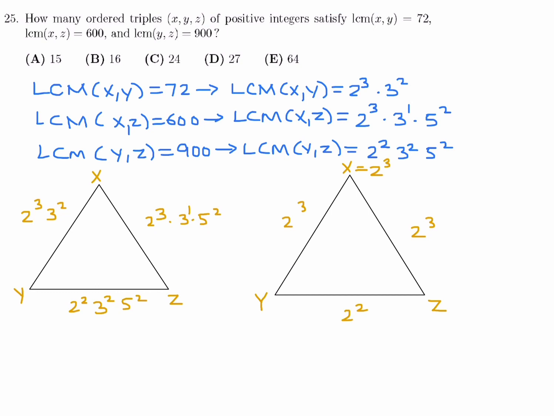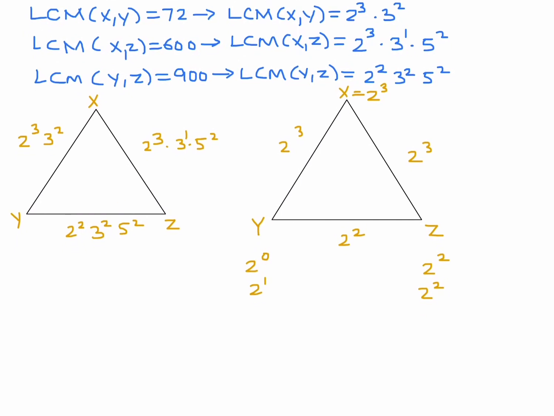So now I've got to figure out what is y and z. Well, they have an LCM of 2 to the power of 2. So I've got a few choices here. It could be 2 to the power of 0 for y and 2 to the power of 2 for z. Or it could be 2 to the power of 1 and 2 to the power of 2.